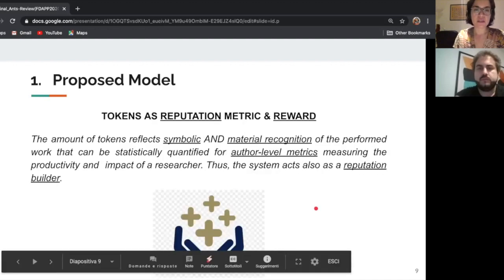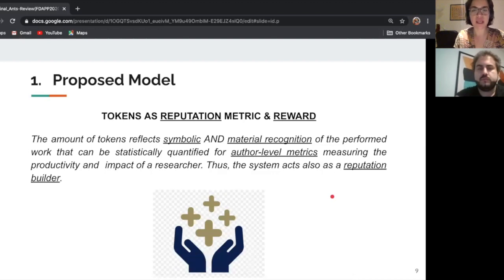The tokens indeed reflect both the symbolic and the material recognition for the work done by the researchers, and therefore can shape the author-level metrics by measuring the impact factor of researchers, not just based on the citations, but also on other activities such as peer reviewing. And therefore, the system can act as a reputation builder.